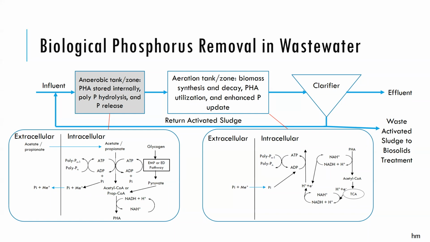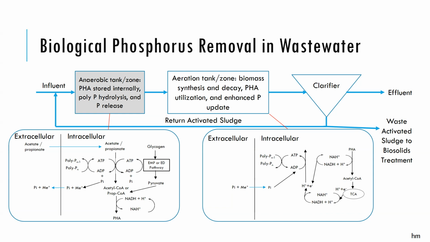Fortunately, they wake up when they get into the aeration tank and realize that they've lost their ATP source of energy storage. What happens then is that they will suck up all of the phosphorus that was released in the anaerobic tank. They tend to overdo it.